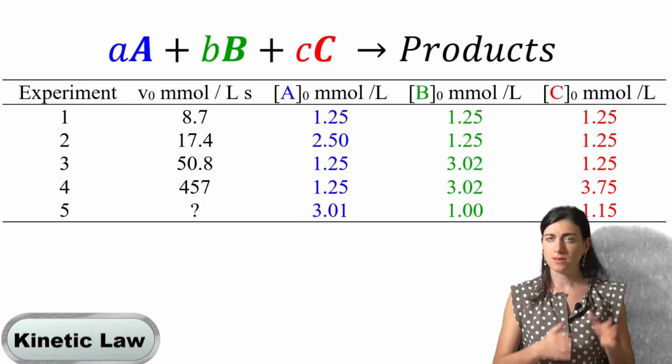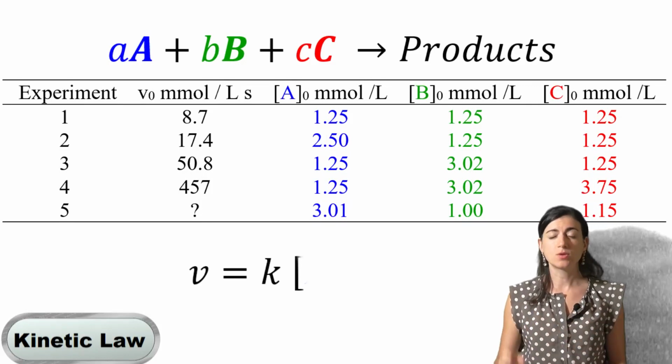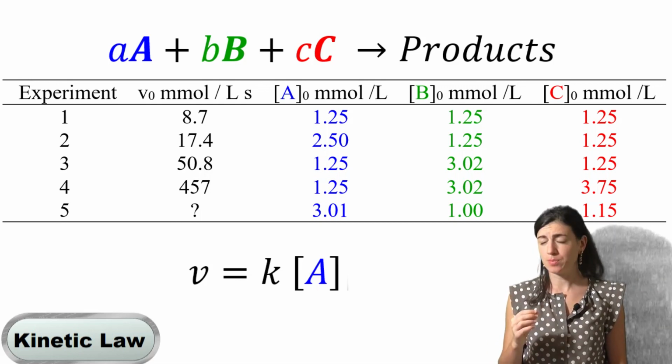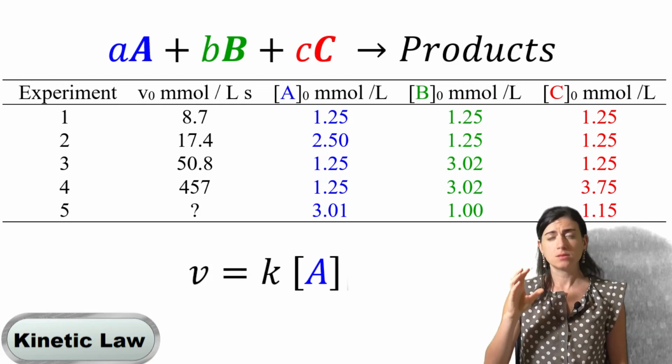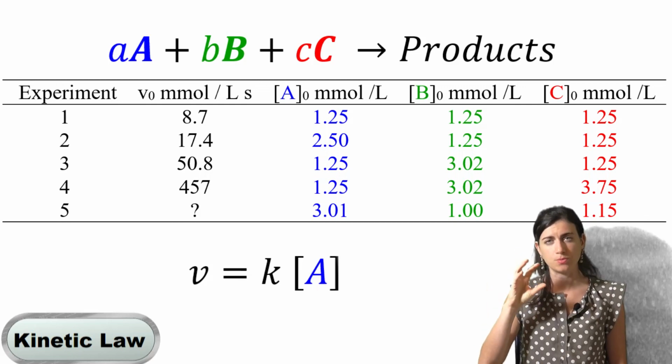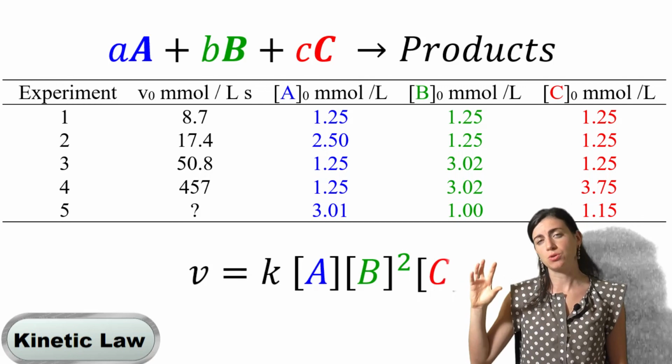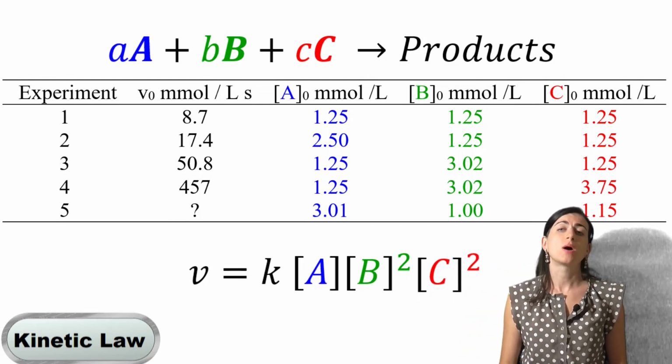So now we have finished the calculation of the orders, and we can write the kinetic law. The kinetic law will be v equals k, concentration of A, the order of A is 1, so we can skip writing it, times the concentration of B to the second power times the concentration of C to the second power again.